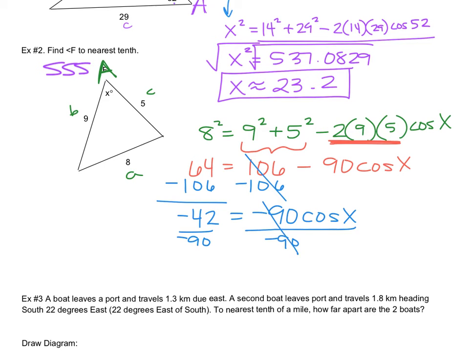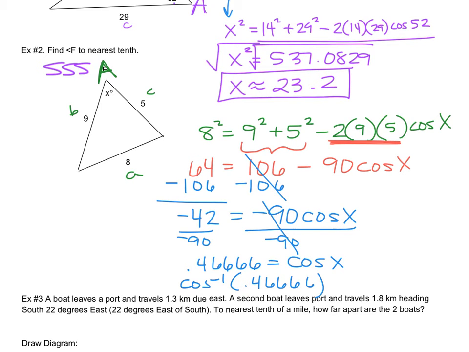So this is gone. Negative 42 divided by negative 90 is this number, 0.46 repeating, equals the cosine of x. Again, I would not even write that number down necessarily, because all you need to do now is take the inverse cosine, because we're solving for an angle, of that number that is already stored in your calculator.